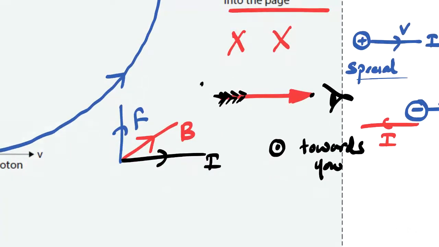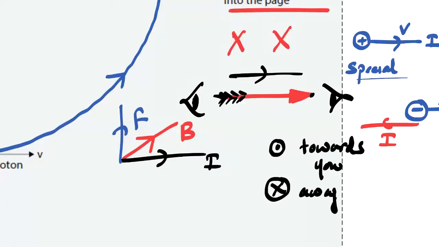And if we place the eye from here, the arrow is going in this direction, so you will see those feather-like structures. Then you will see the cross like this, not the pointy head, right? Try to remember it like that. So this is going to be away from you.